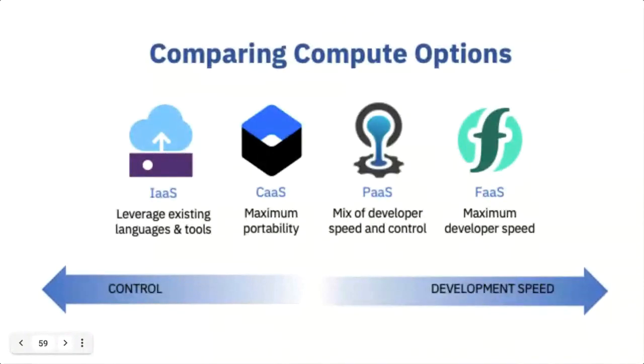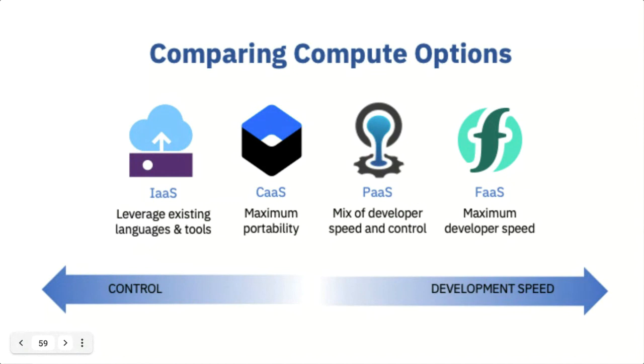Newcomers to cloud computing can be a bit put off by the large number of acronyms in use, as we've already seen, and there's a lot more. Just about everything is sold as a service these days.